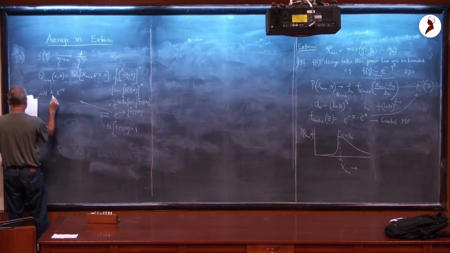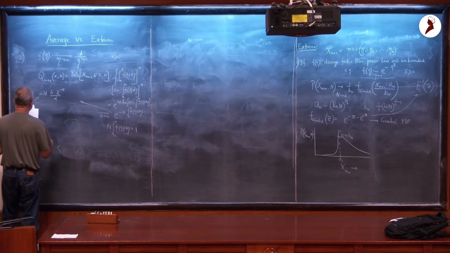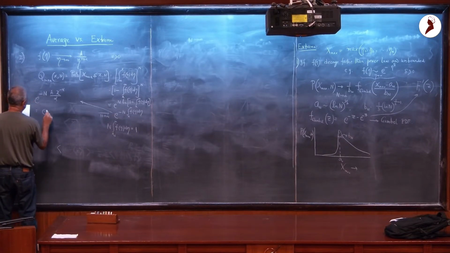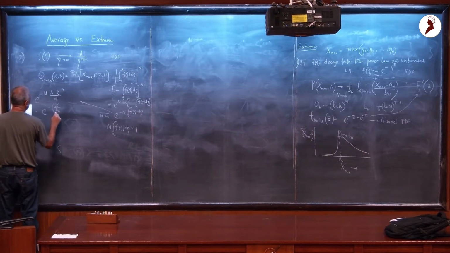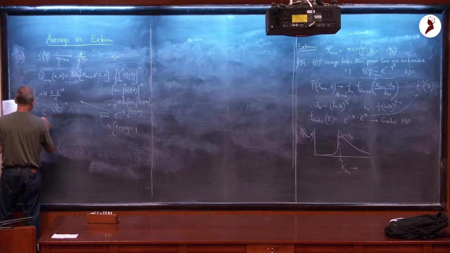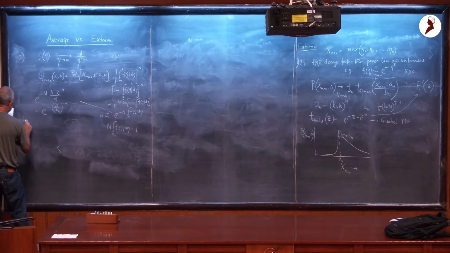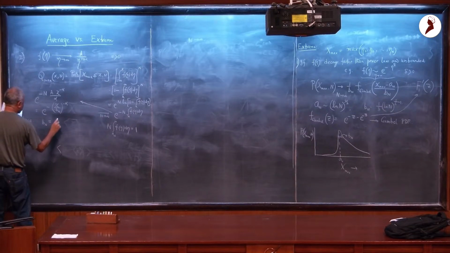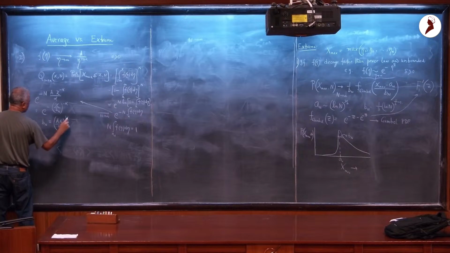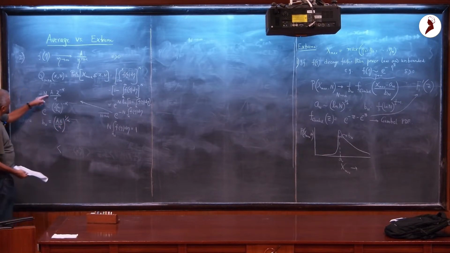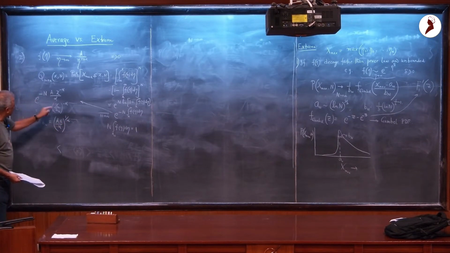That gives me x to the power minus alpha divided by alpha, which I can write as x by b_n to the power minus alpha. I just absorb this in b_n and write it this way.